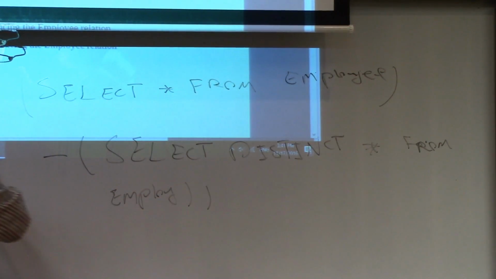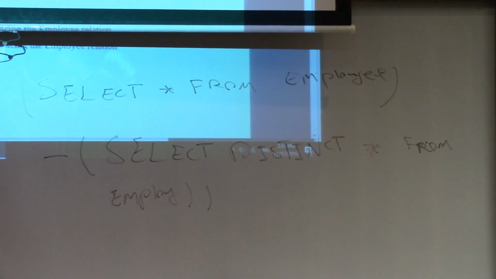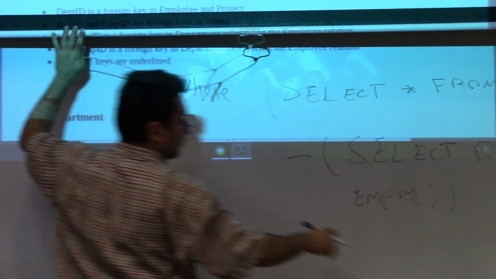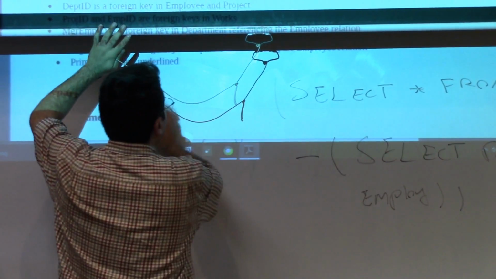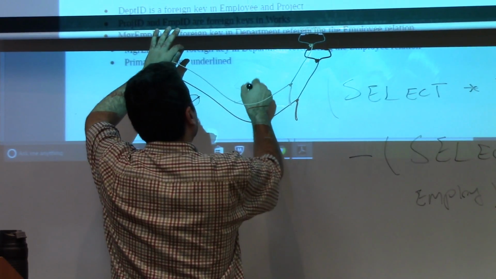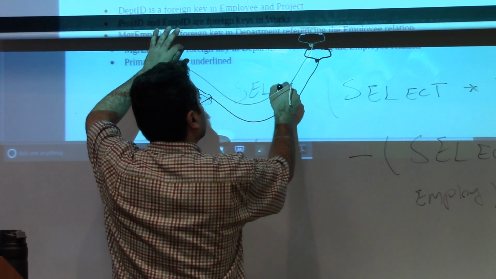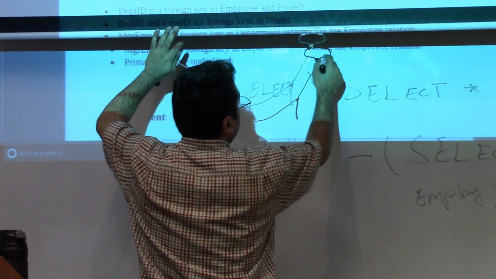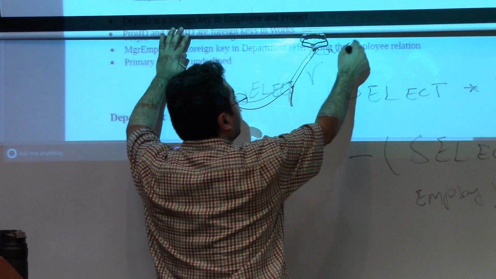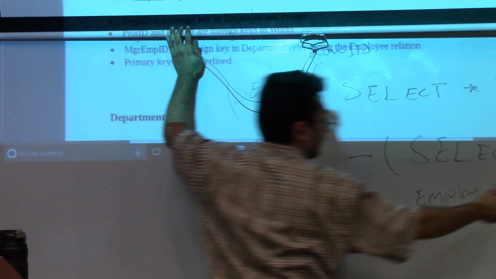Every DBMS has a row distinguisher, so you have a row ID.